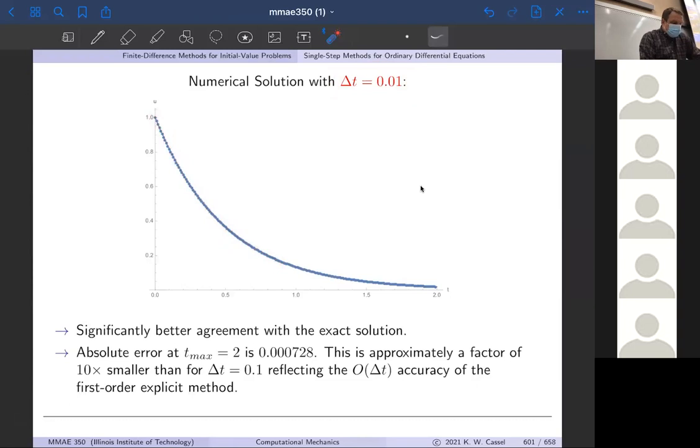Whereas a time step of 0.1 is not sufficient to get a good accurate solution, a time step of 0.01, 10 times smaller, clearly is. So it's much, much better agreement. Now the error is 0.0007. So the error is also a factor of 10 smaller than it was for the larger delta t. All of that makes sense given the order of accuracy of the approximation.